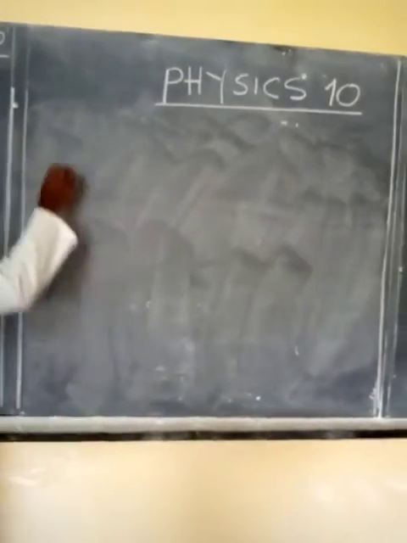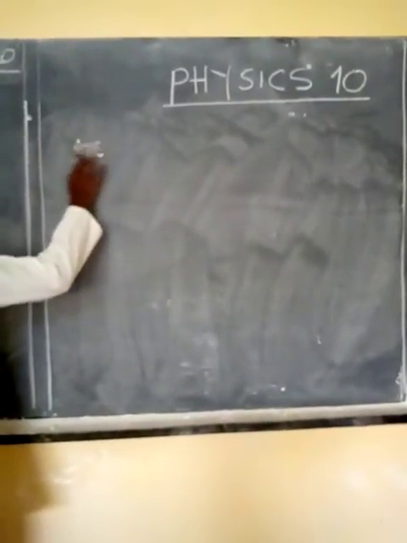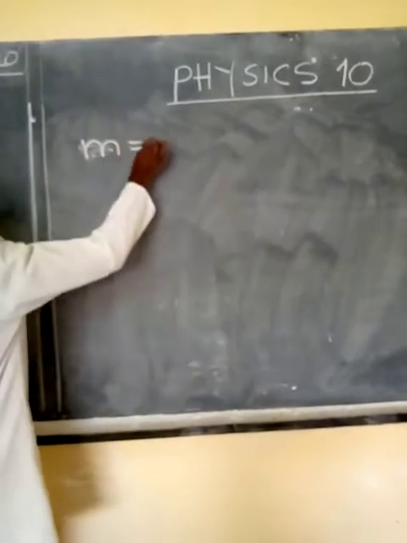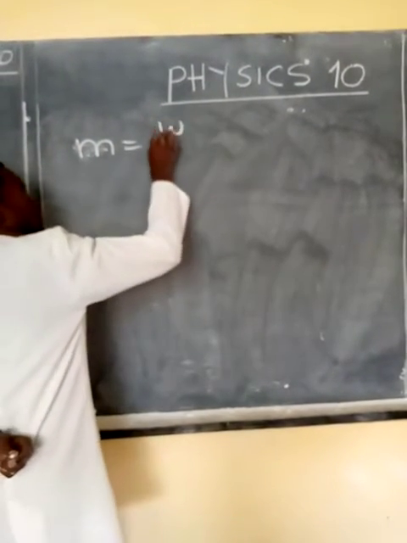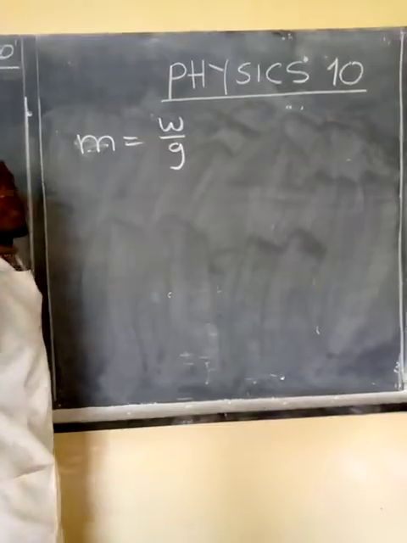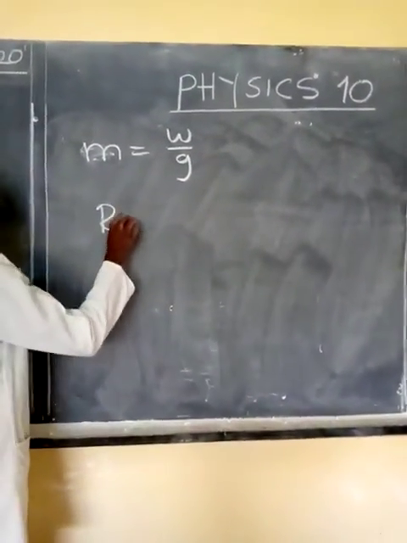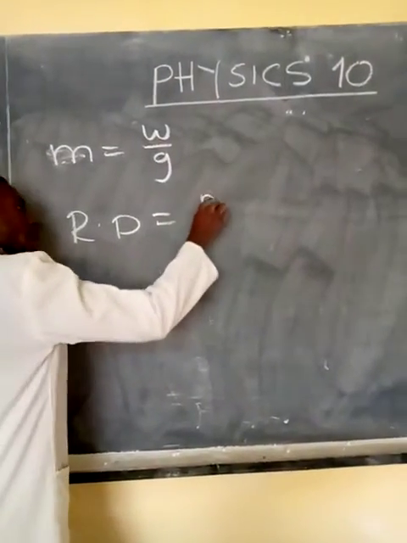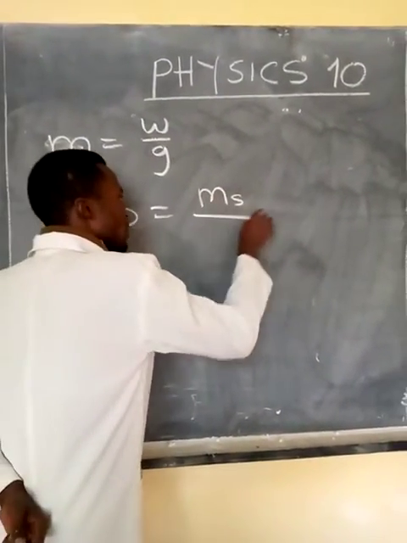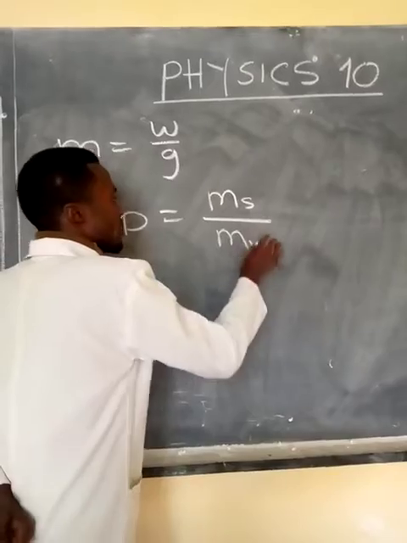Okay, so we have found the formula for mass: mass is W over g.